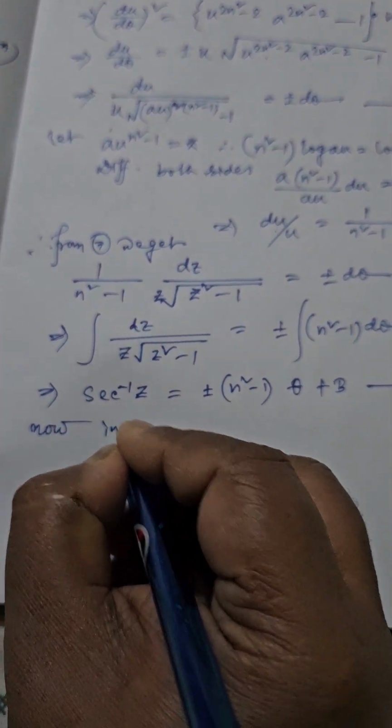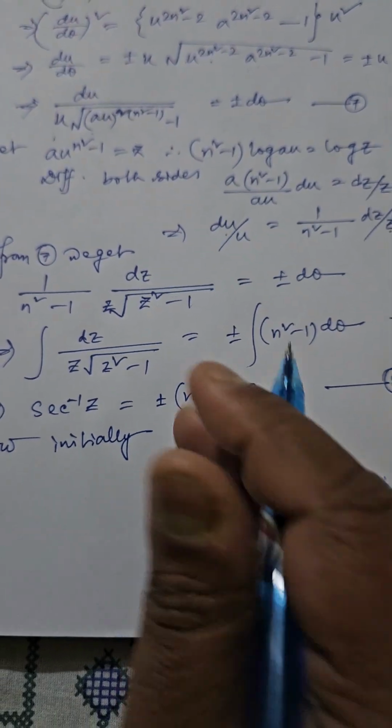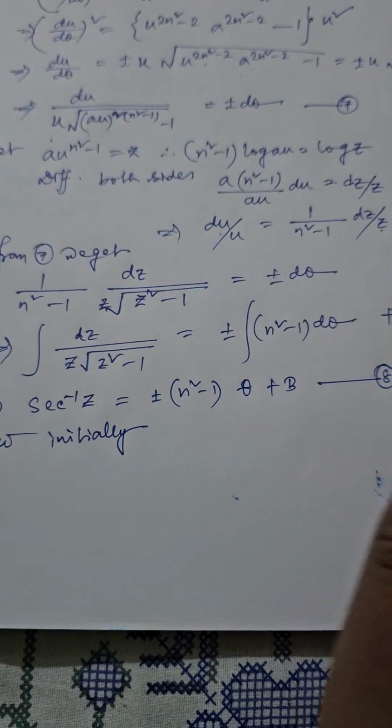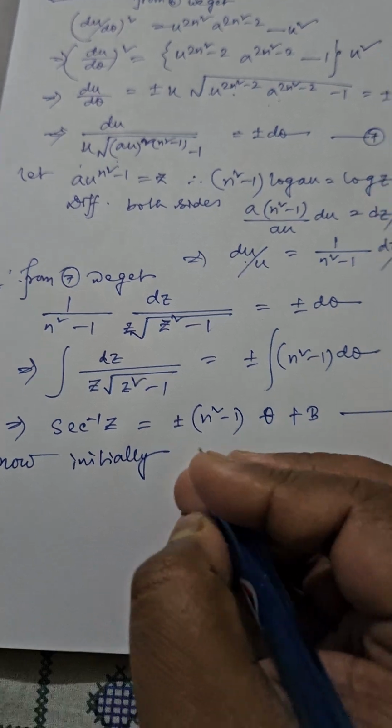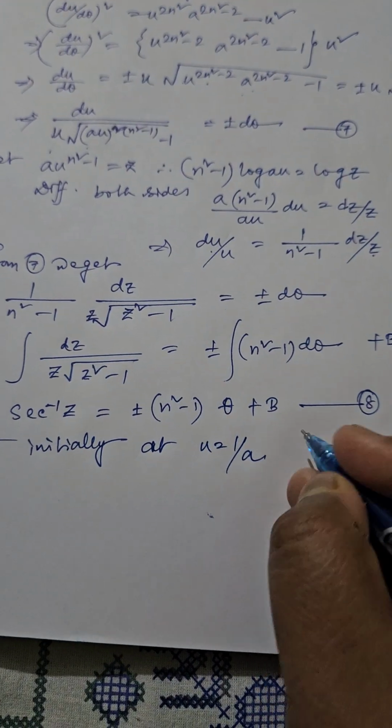Now initially say the particle is at a distance a, for example, that is r equals to a. So let us take u is equals to 1 by a.